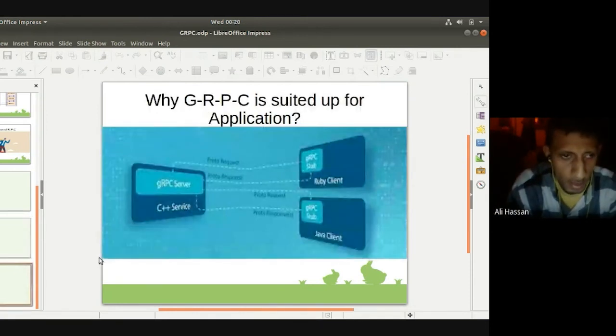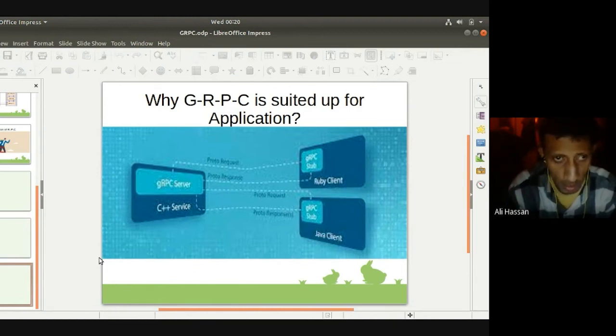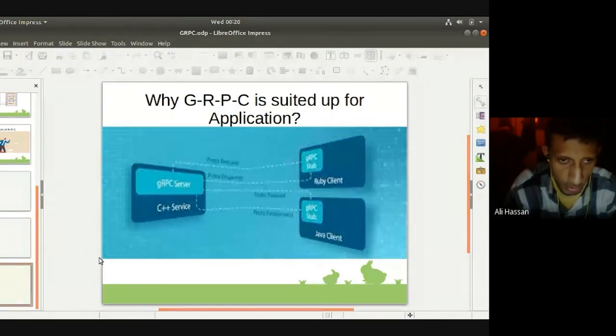In early days, when I wanted to write an application over gRPC, I was thinking about two things. First, we need a specialized server that handles our requests in the client and server model.